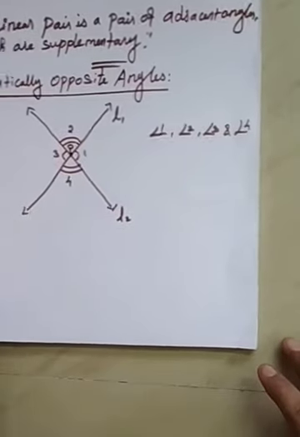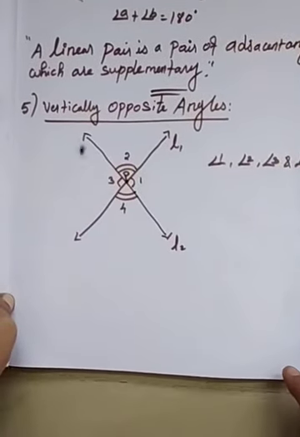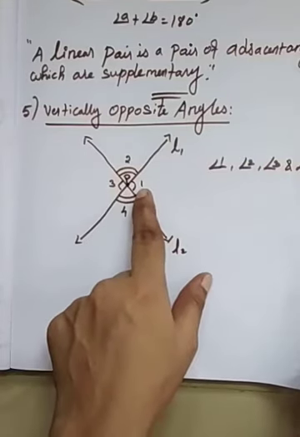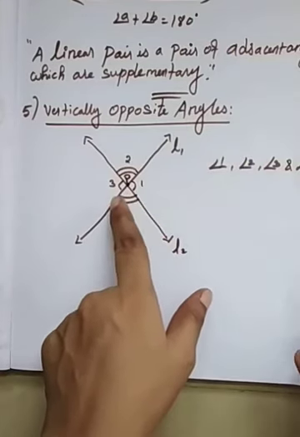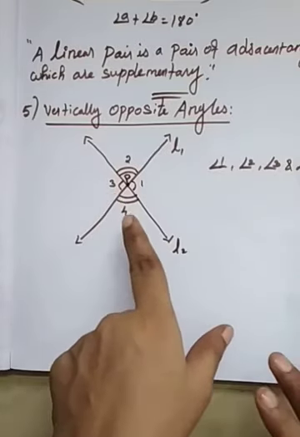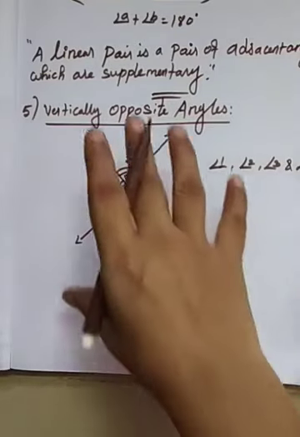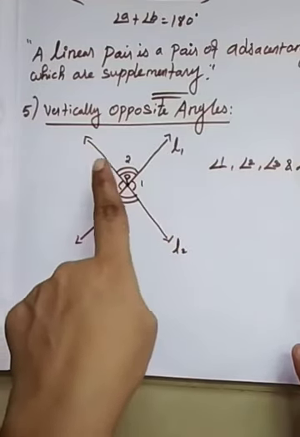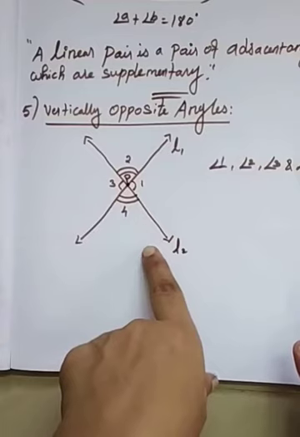There are four linear pairs in the given figure. A linear pair is a pair of adjacent angles which are supplementary.